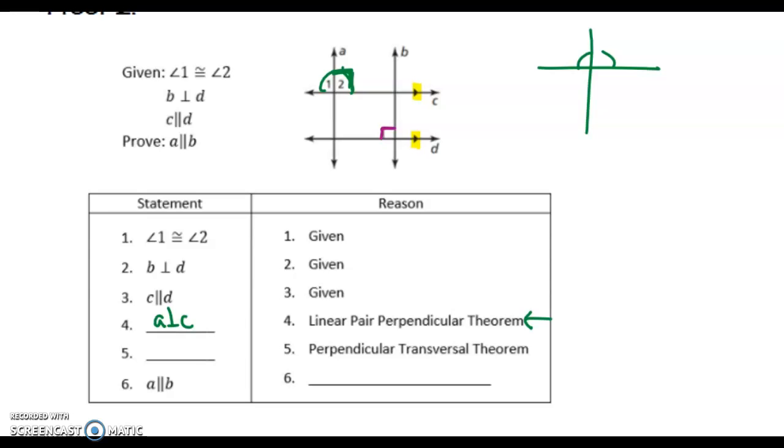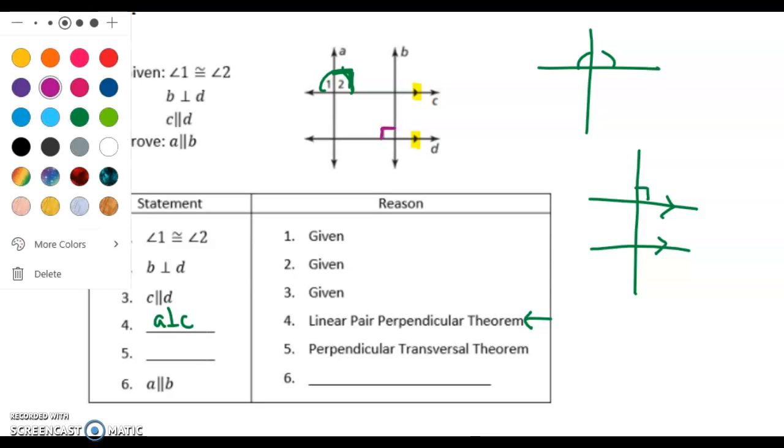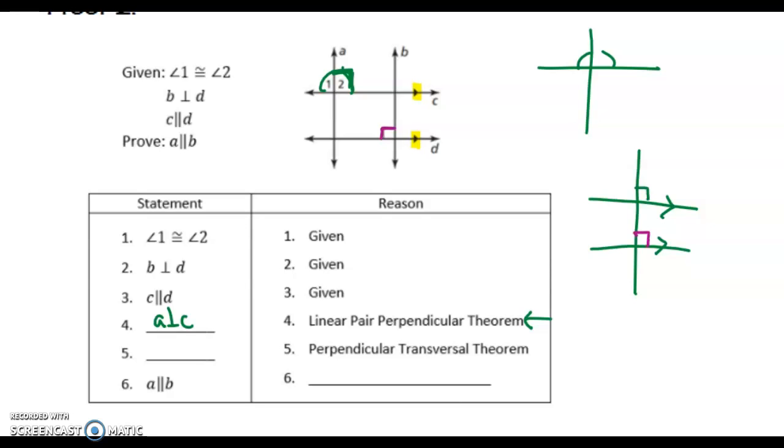Okay, so line 5 says perpendicular transversal theorem. So remember what it says. Perpendicular transversal theorem says if you have two lines that are parallel, let's pretend those are parallel, and the transversal is perpendicular to one of them, then you can prove that the transversal is perpendicular to the other.